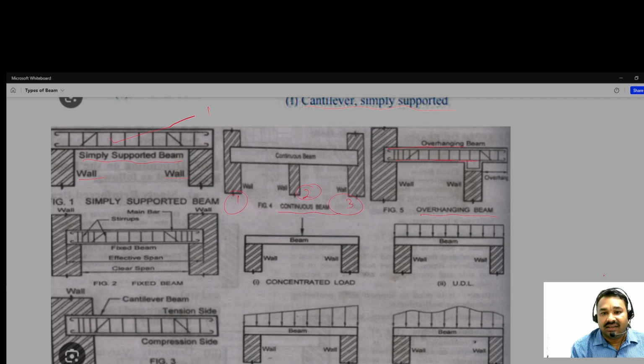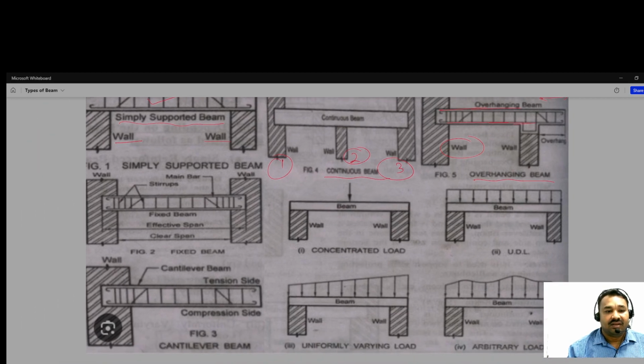Okay, and this is fixed. The wall is there and another wall is there, and this portion ये extra निकला हुआ है. ठीक है, what about the fixed beam? The fixed beam, ये आपका बीम हो गया, ये दोनों वॉल हो गया है, two walls.